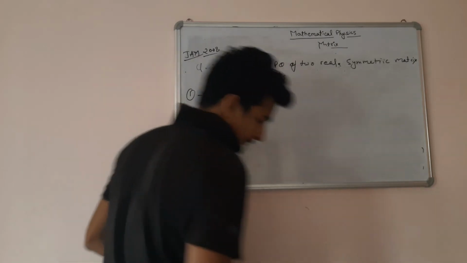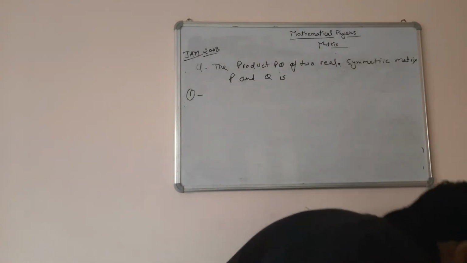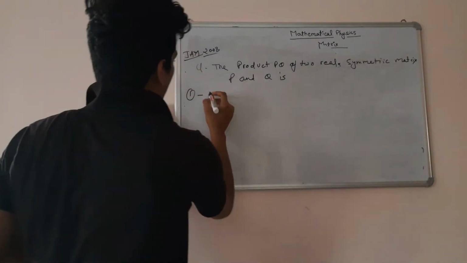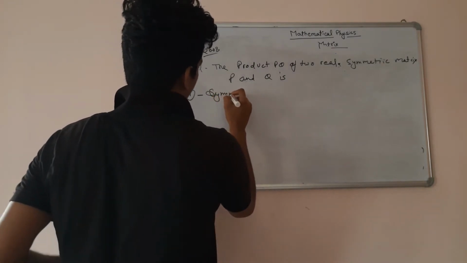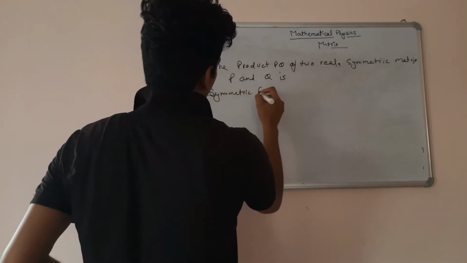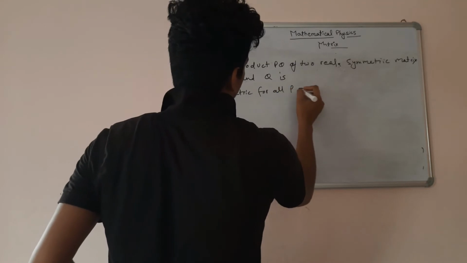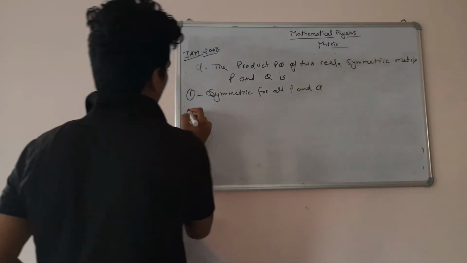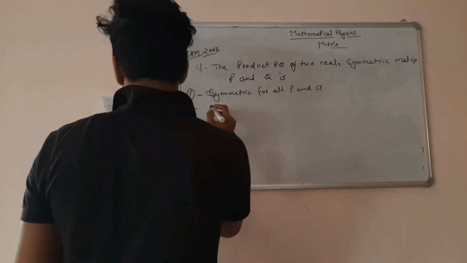The first one is symmetric for all P and Q. The second option is never symmetric.